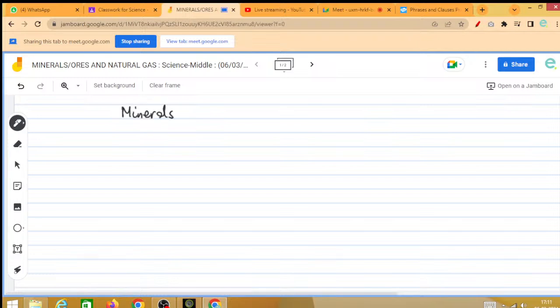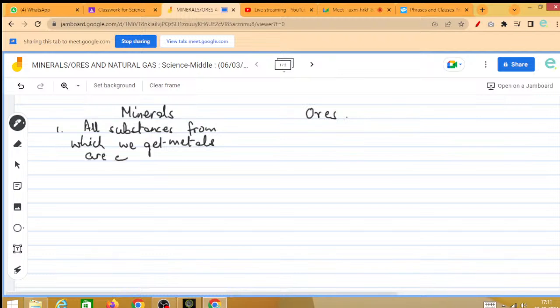Okay, so first one was: all substances found on rocks or earth's crust, substances from which we get metals, are called minerals.